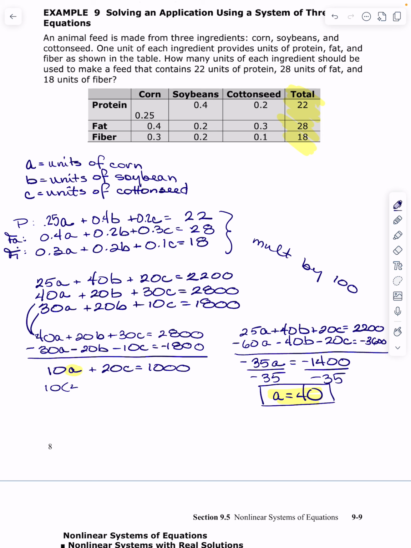I got 10 times 40 plus 20C equals 1,000. 10 times 40 is 400. If I subtract that, I get 20C equals 600. We're dividing both sides by 20, and C is 30.